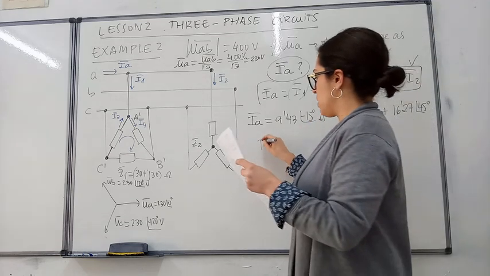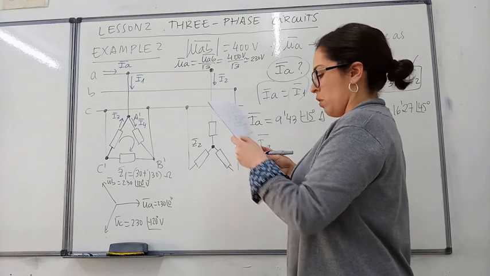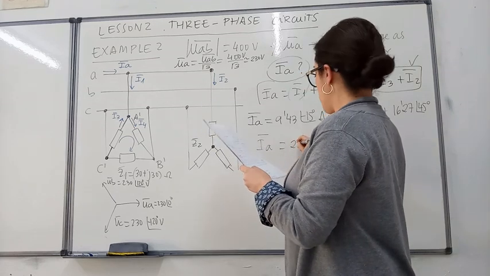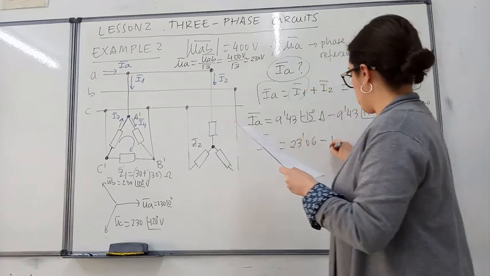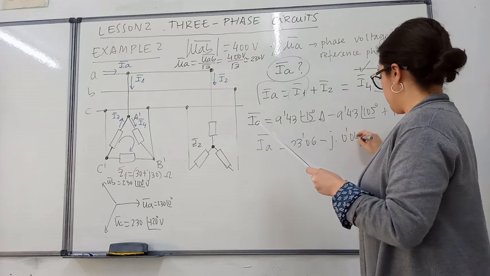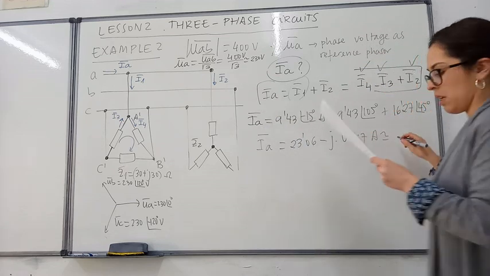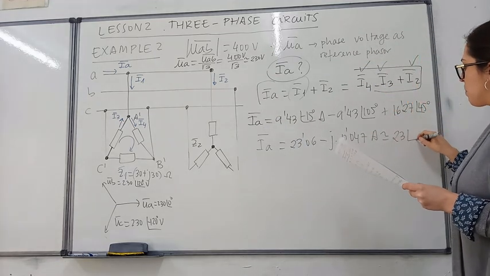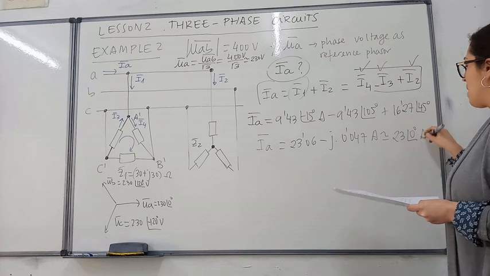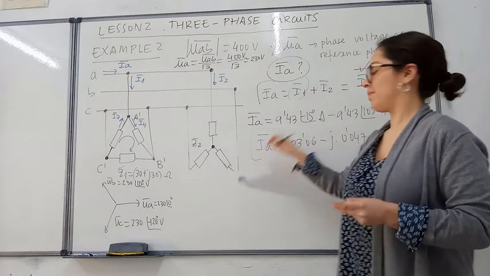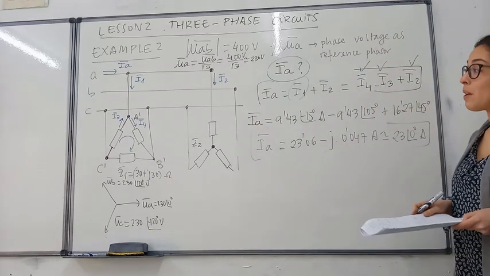If you add that, you are going to get this in binomial notation, which is approximately the same as 23 amps. So there you have it.